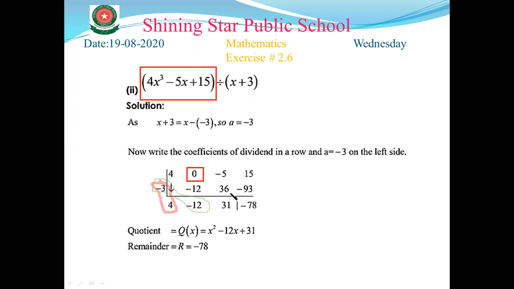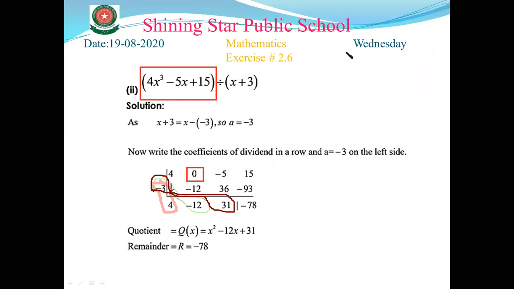Now 36 minus 5 is 31. Now again we multiply 31 with 3. So when we multiply 3 with 31, it will give you minus 93. So minus 93 plus 15 gives you minus 78.